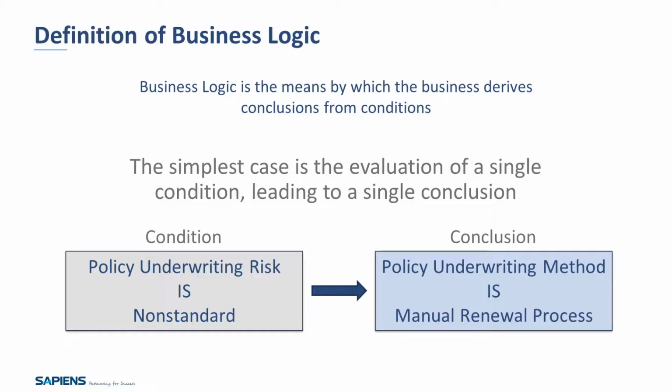The business logic statement is, when policy underwriting risk is non-standard, then policy underwriting method is manual renewal process. This is a simple case. We will take a look at a more complex case on the next slide.